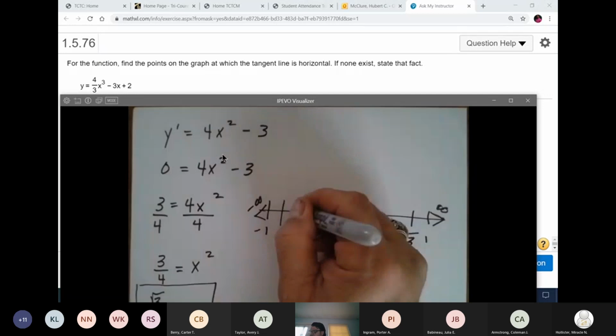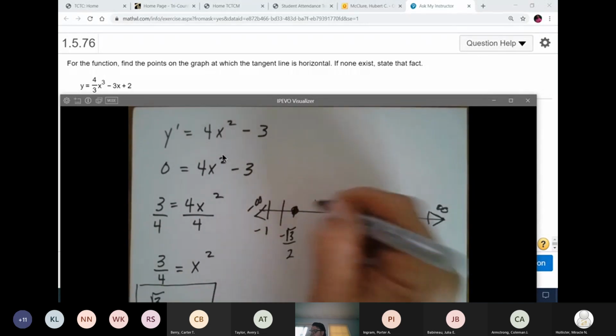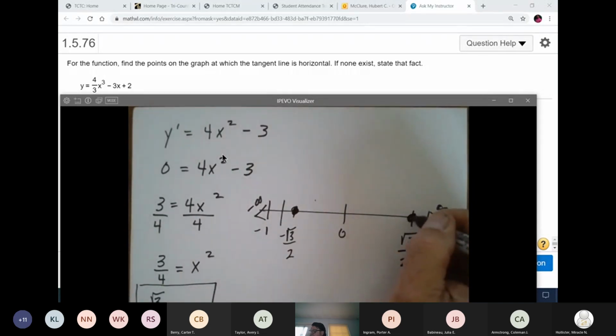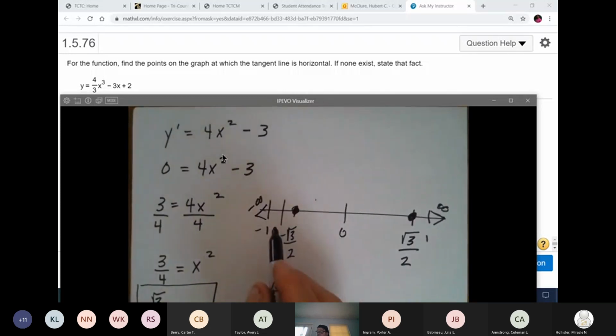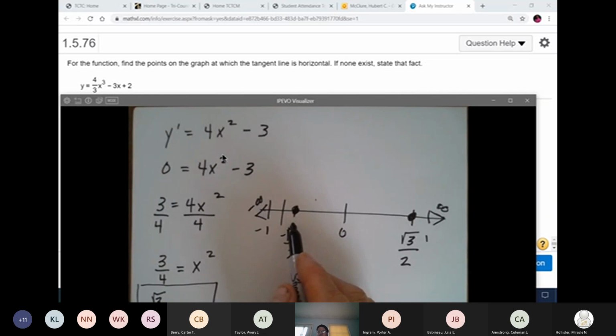Now, this is a point, and this is a point, and I want to check and see what happens when we plug in negative 1 to our function. All right, if you plug in negative 1 into this function here, what are you going to get?